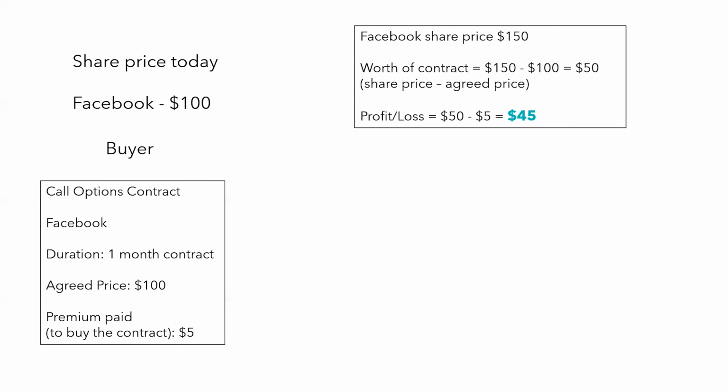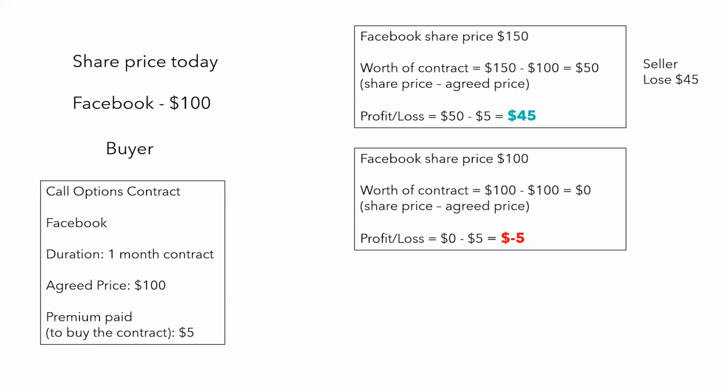I just want you to have an understanding of how it's like. Now, being a buyer, if the Facebook share price went up by $50, you profit about $45 after deducting the premium you paid, which is $5. On the other hand, the seller will lose $45.